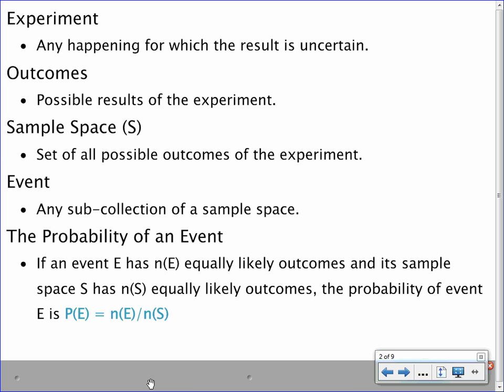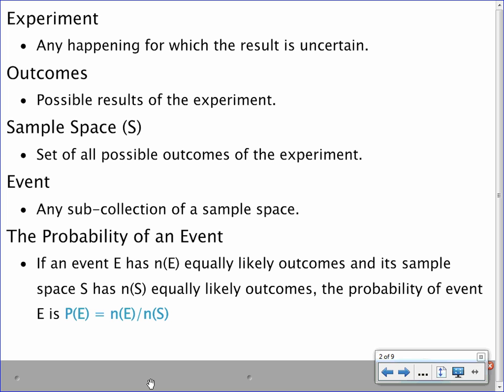The probability of an event is the number of possibilities of the event happening divided by the number in the sample space. We are going to count our sample space.